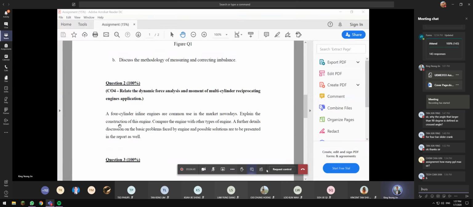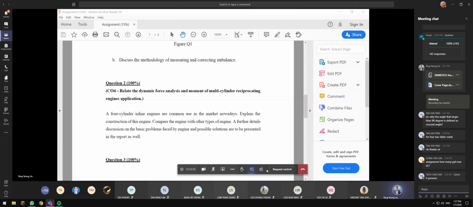So you try to explain the construction of the engine. You can find any engine sketch drawings, then explain the construction. There are a few main parts related to mechanics of machine, which are the crankshaft, the connecting rod, and the piston.